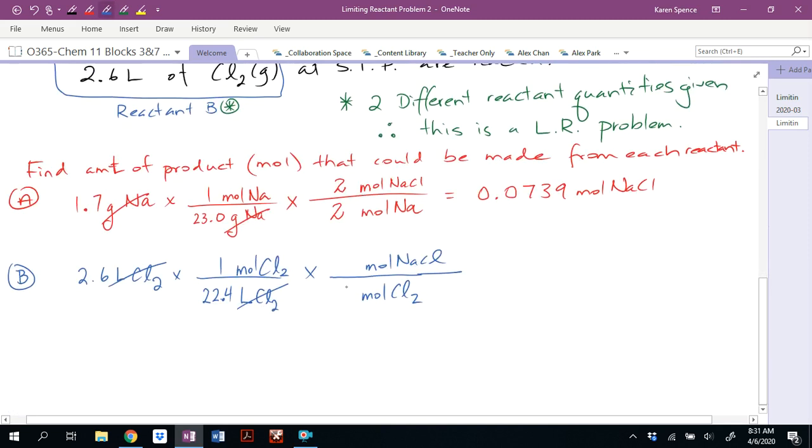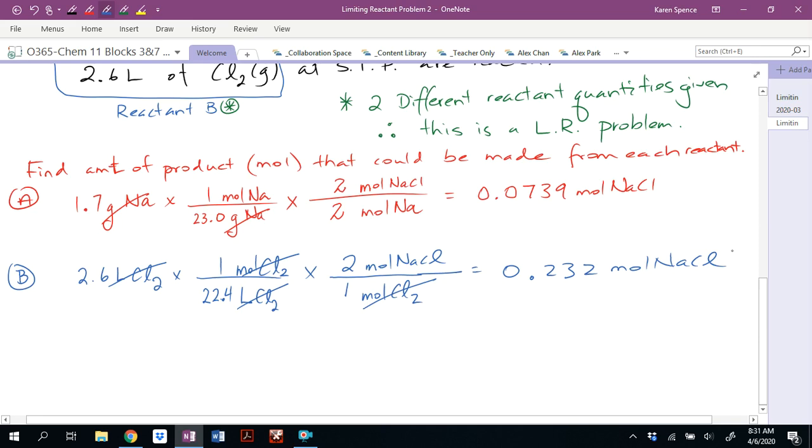So there's 1 mole of Cl2 for every 2 moles of NaCl. Finish our calculation and we get 0.232 moles of NaCl.